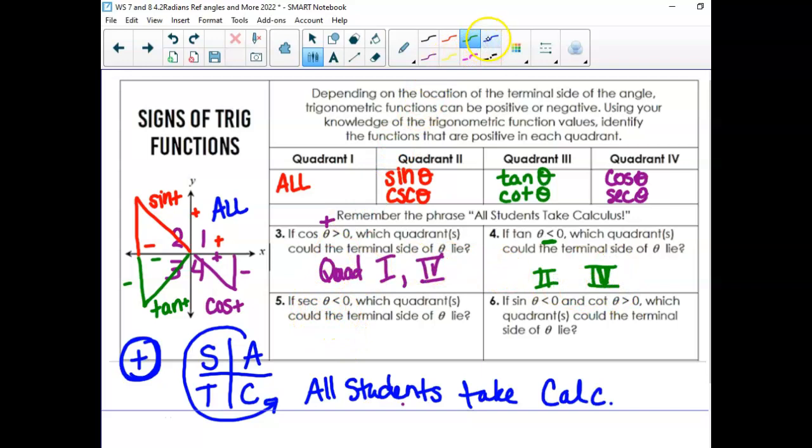Okay, what does this one say? Secant is less than 0. That means negative, right? Less than 0 means negative. Secant is a flip of cosine, so cosine is also negative. So where would it be if the cosine could be negative? 2, because only sine and cosecant are positive. And 3.